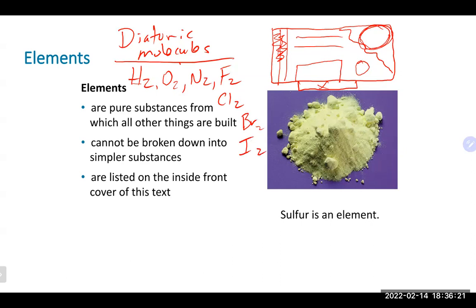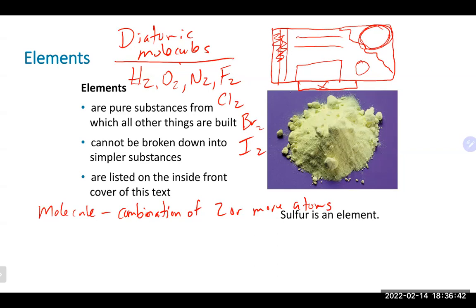So what is the definition of a molecule? A definition of a molecule is the combination of 2 or more atoms. Now, those atoms could be from the same element. Those atoms could be from different elements.